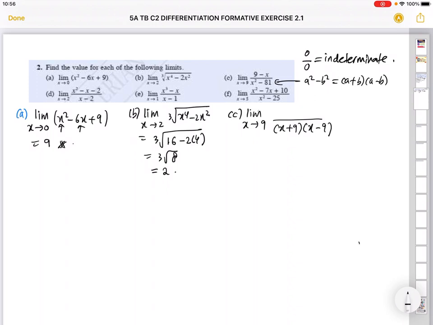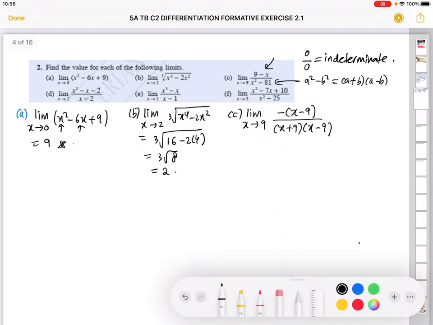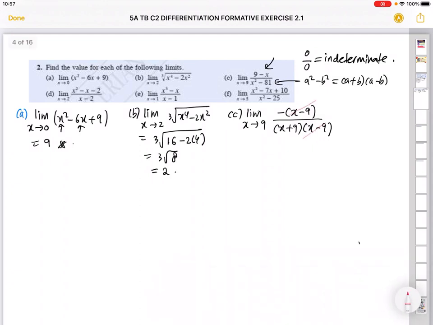In my numerator, I can take out negative (x minus 9). By doing so, I can now cancel x minus 9 from here, and I can now substitute. Let's simplify first. Let's put 9 inside. This is 9 plus 9, 1 over 18. All right. So further on factorization.